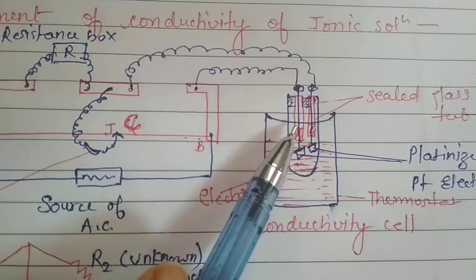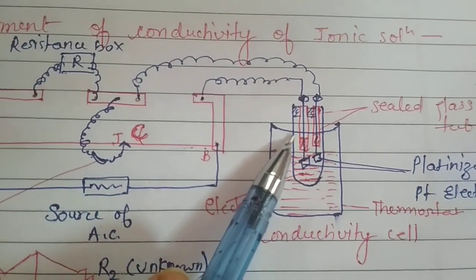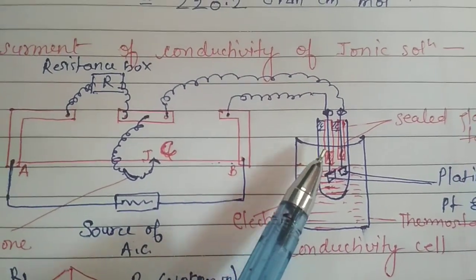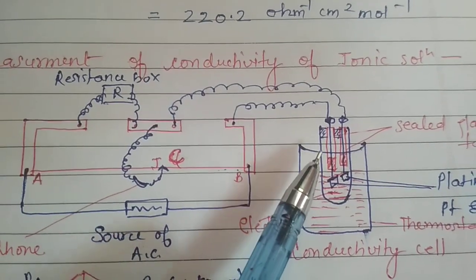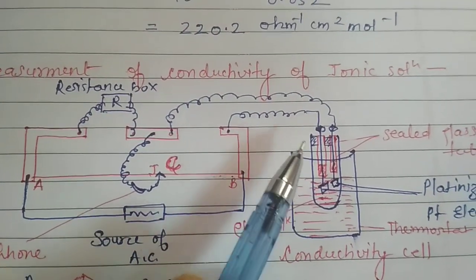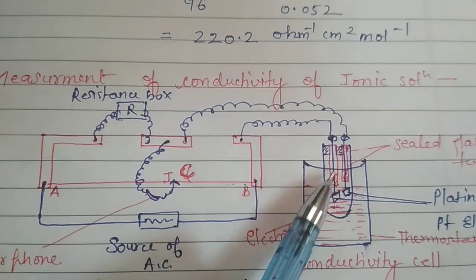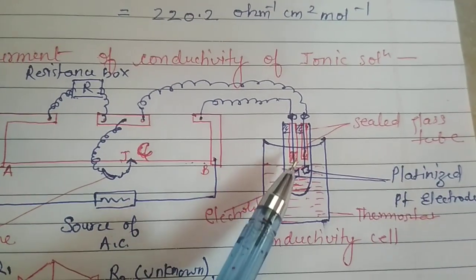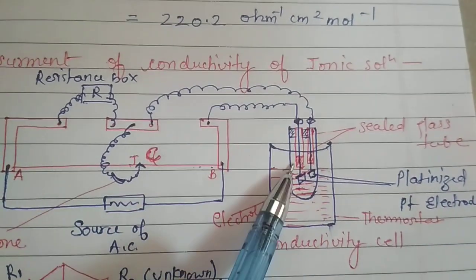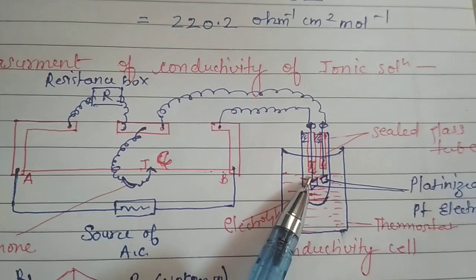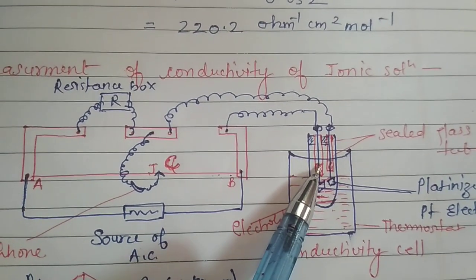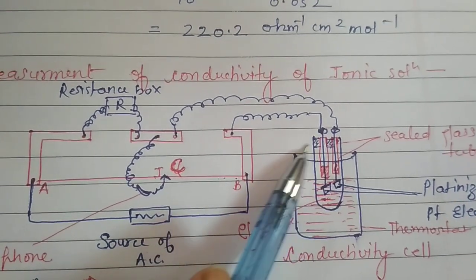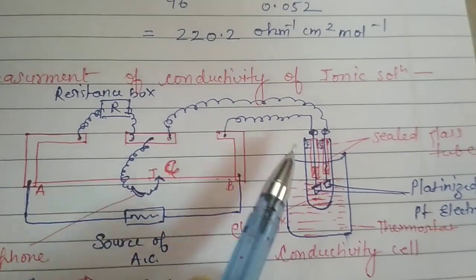It is a special kind of concentration cell in which the electrodes consist of a platinum disc that is coated with finely divided platinum black, and it is welded with a platinum wire which is fixed in a sealed glass tube. That is the concentration cell only.